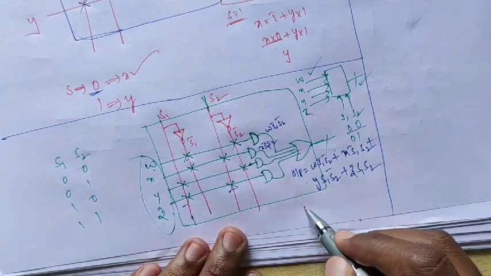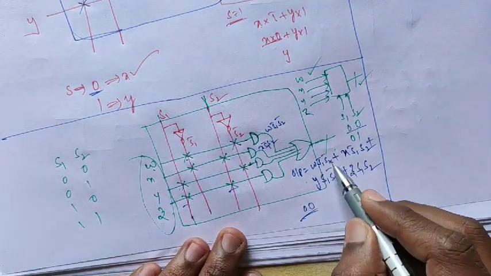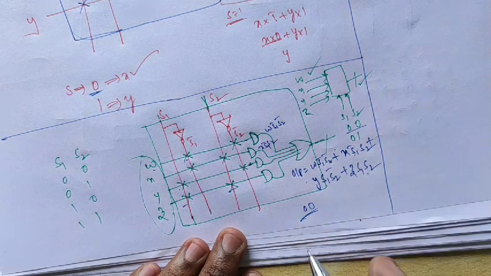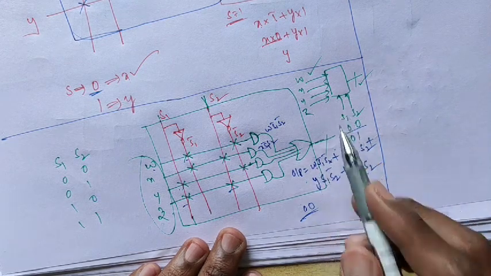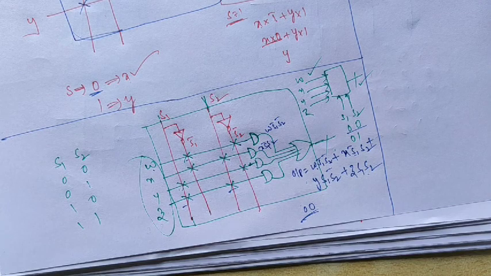Substitute the values when 0 0, then we will get 0 bar 0 bar as 1, and the remaining are all zeros. Then W is the output of the multiplexer. This is the 4 by 1 multiplexer internal architecture.